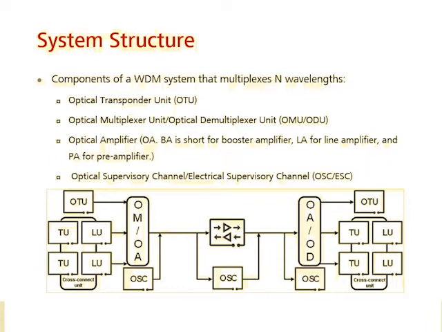After the service arrives at the destination, you can see we drop the OSC channel first. Then the service is sent to the optical amplifier, because after long distance transmission, optical power will have decreased a lot. If at this time we do not amplify it and just connect it to the OD, the optical demultiplexer unit directly, this OD is very good.